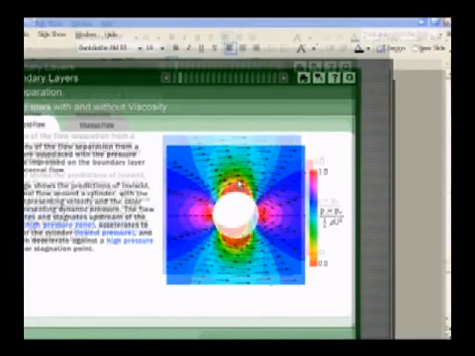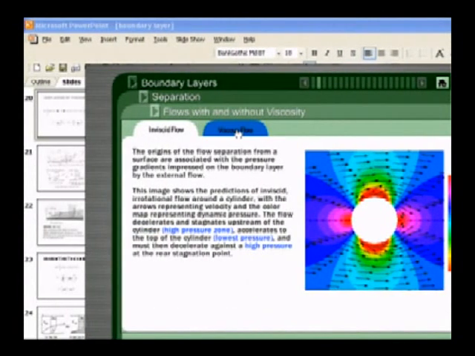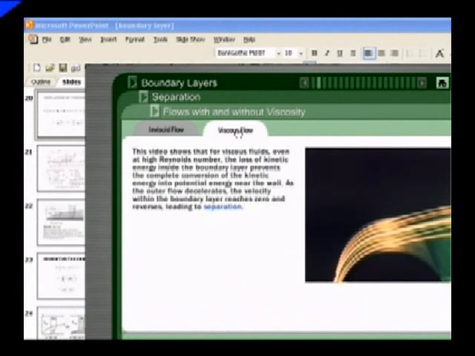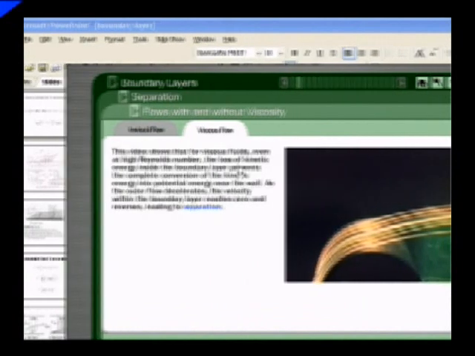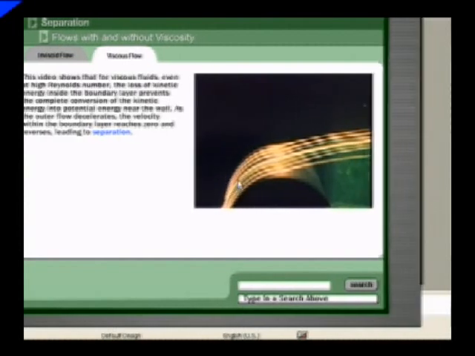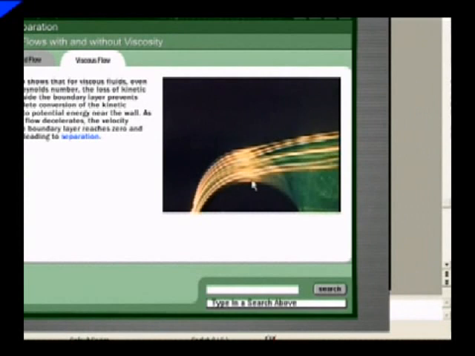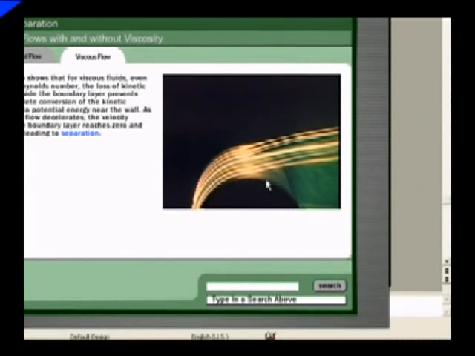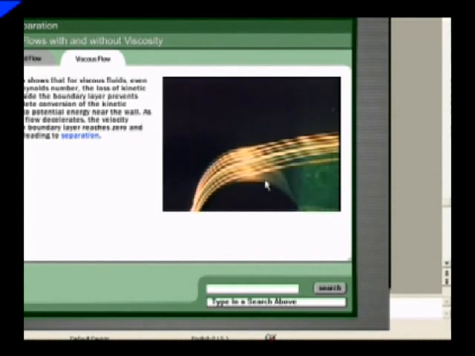Now let us observe what happens when a real fluid flows over a cylinder. This is another type of video in which fluid is flowing from left to right. After this point, the boundary layer can't remain stuck to the surface because of the energy, so they get separated.